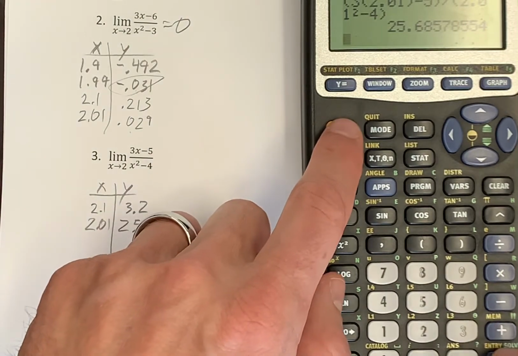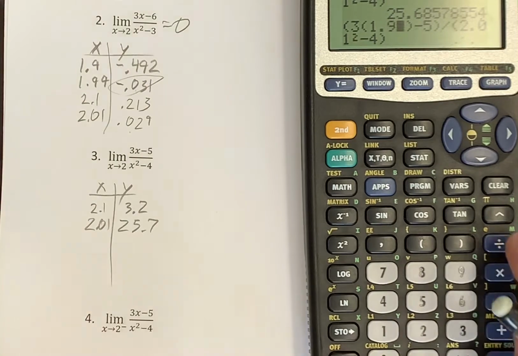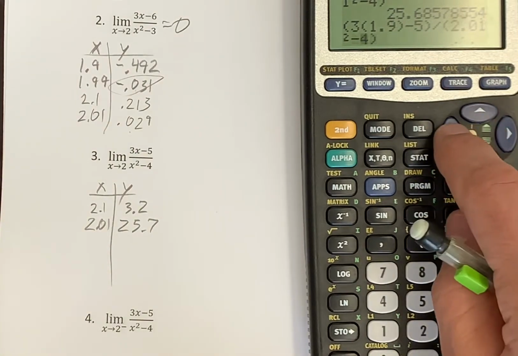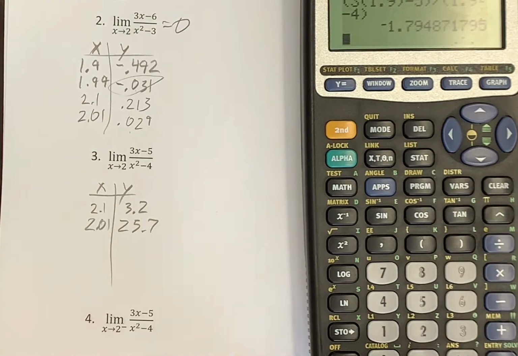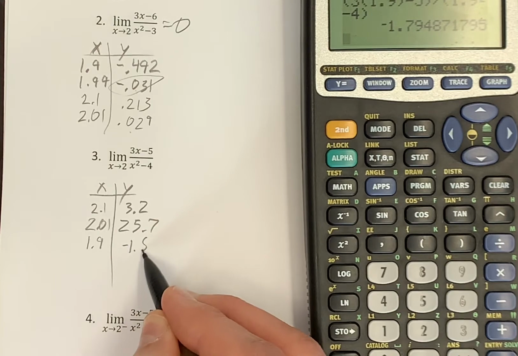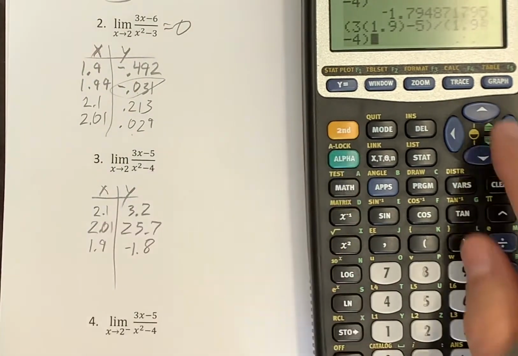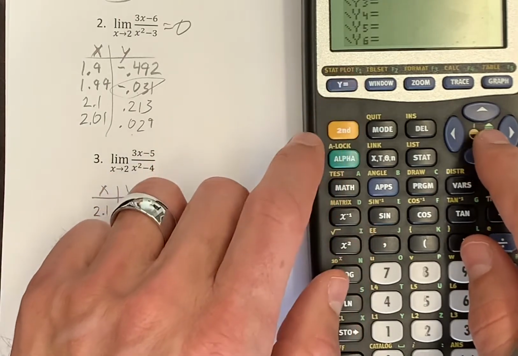Well, what happens if we go to 1.9? You're at negative 1.8. And if you went to, oops, that was not what I was hoping for.